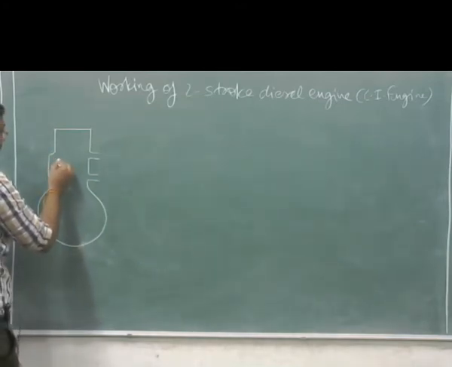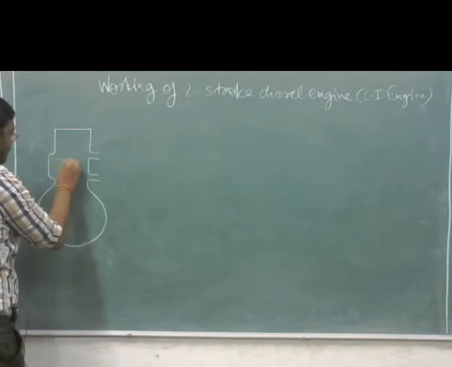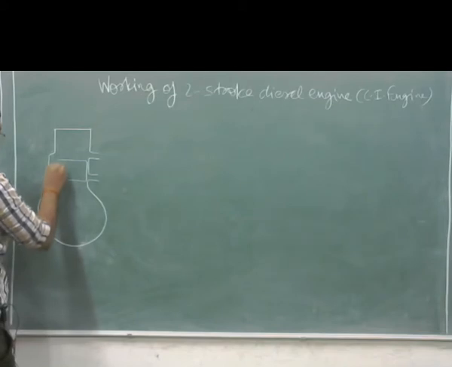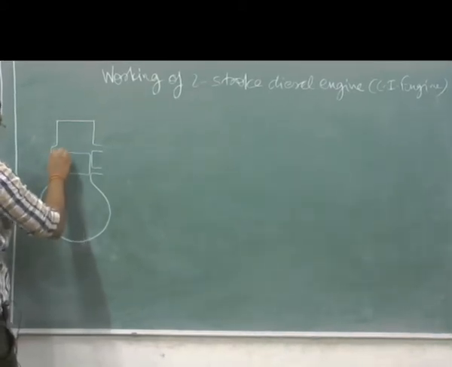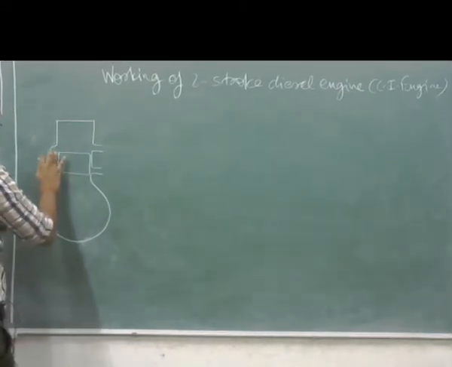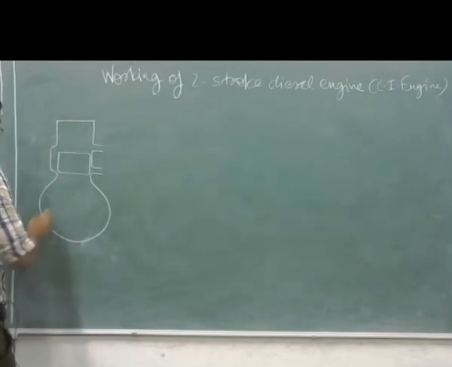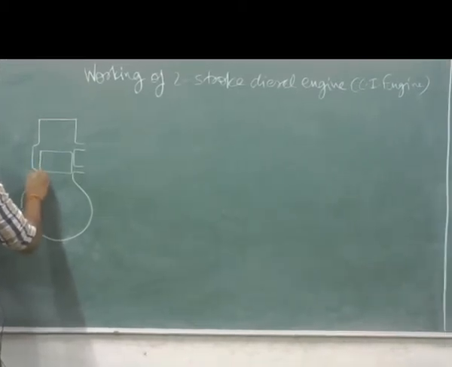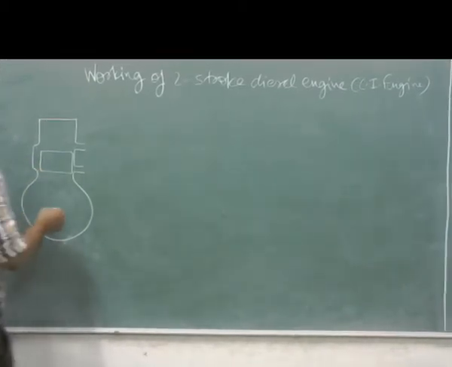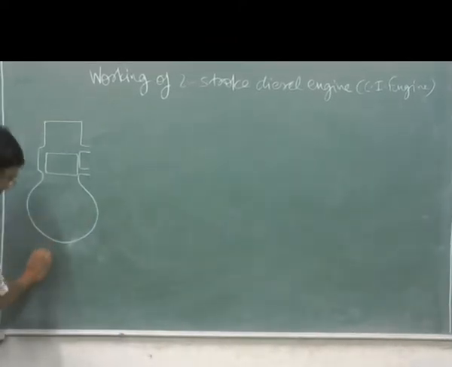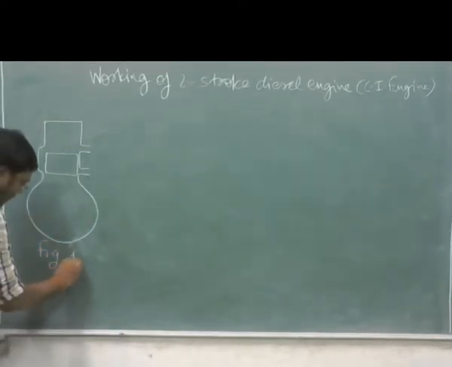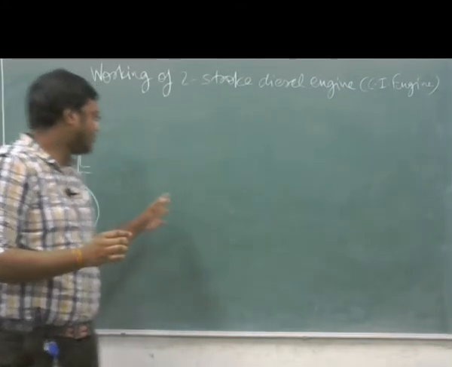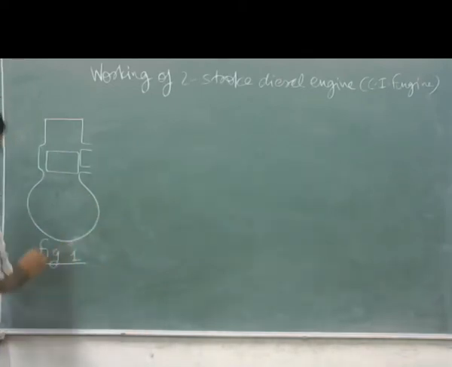This is the first diagram. This diagram represents figure 1, which is similar to the initial position as we discussed earlier for the four-stroke engine.